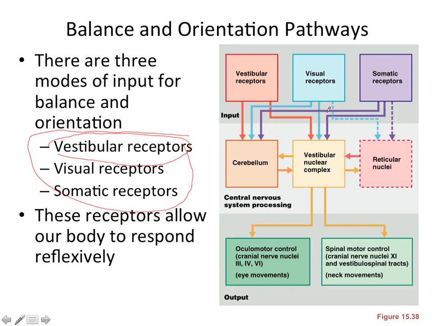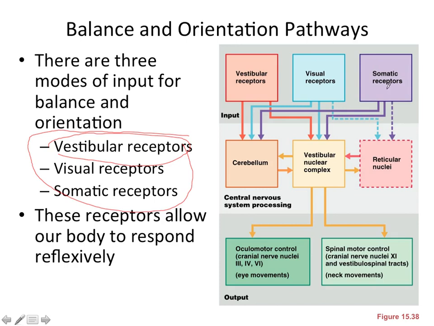At the same time, the visual receptors also send information to the vestibular nucleus complex. Since we are falling, our limbs' and body's positions are changed. This changed information will be detected by the proprioceptors, and those action potentials will be transferred to the cerebellum and vestibular nucleus complex.